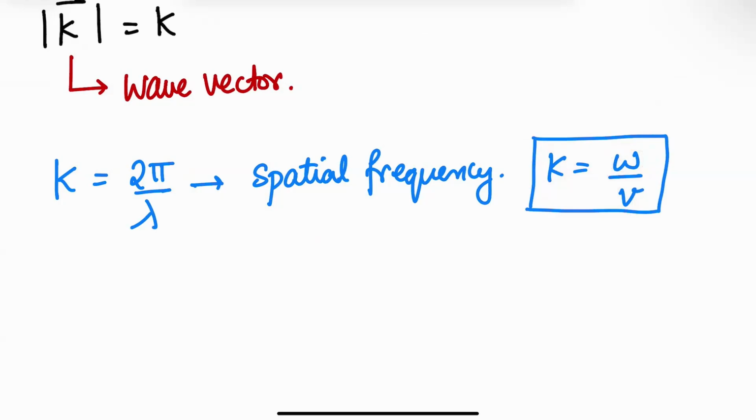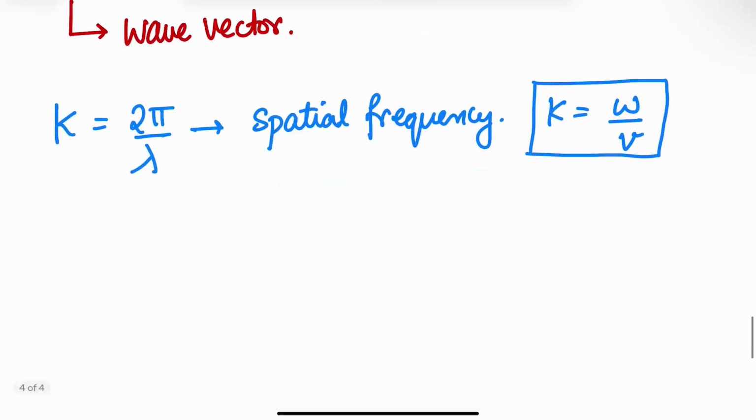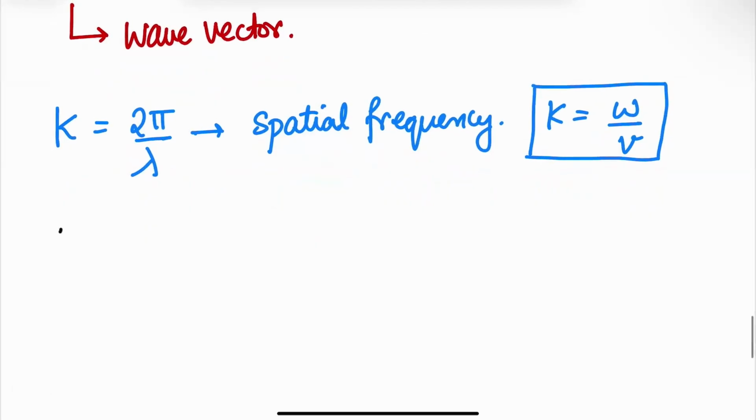Then what is this vector k? The vector k determines which direction the phase is changing in.